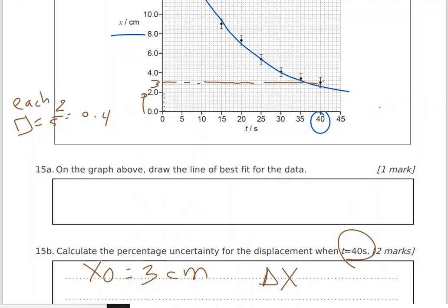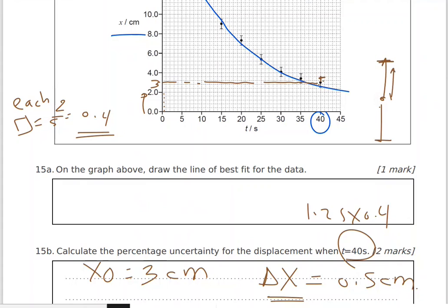Each square we said is 0.4, so 1.25 times 0.4 will be around 0.5 centimeter. How did I calculate this?